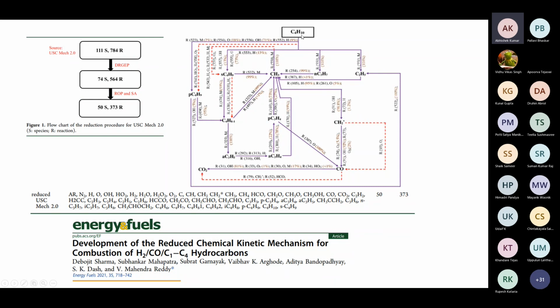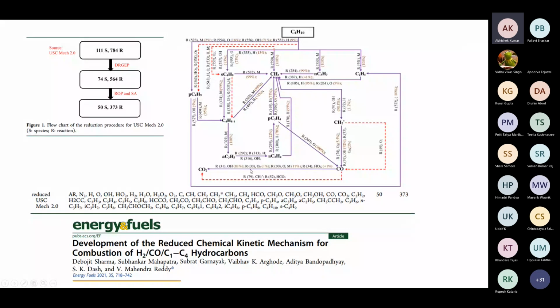In the reaction, 50 different species are forming when you are burning butane plus air. Butane means your LPG itself, whatever you have in your home gas stove. There actually 373 reactions are there, and 50 different species are forming.